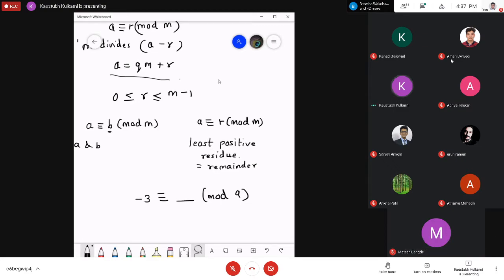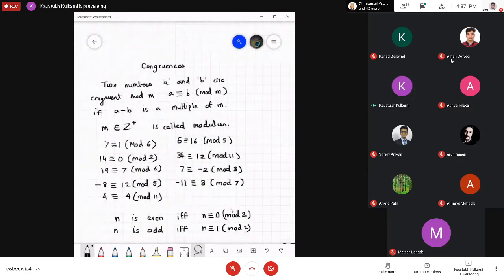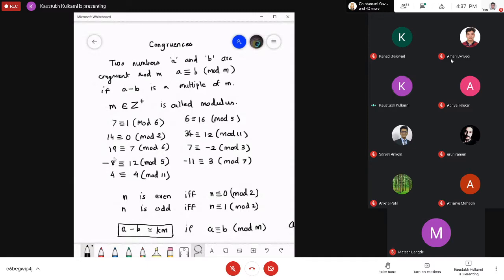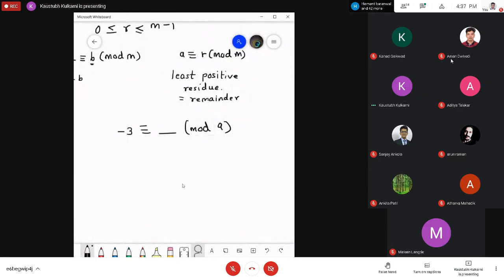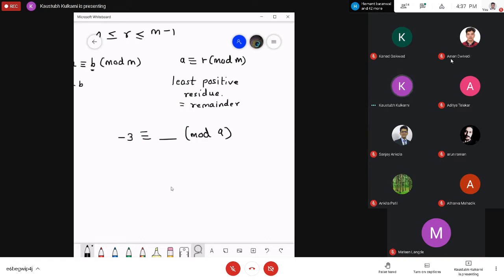That's why I asked you to go through these examples. These examples have everything. Sometimes A is negative, sometimes B is negative. 6 is correct. The nearest multiple is -9, and the difference between -3 and -9 is 6.